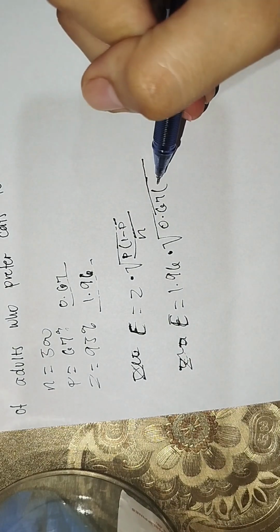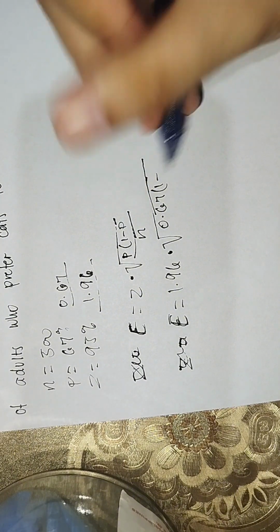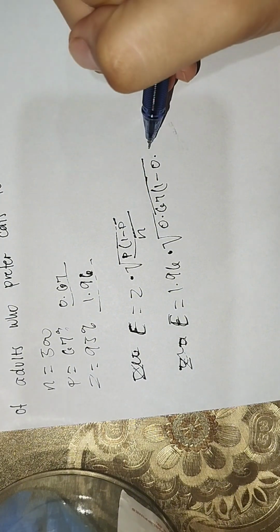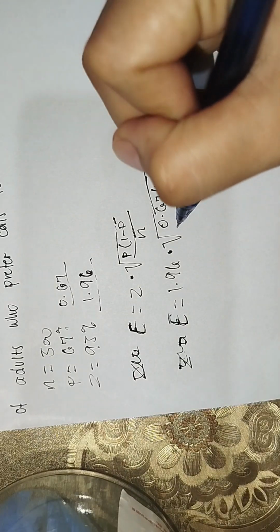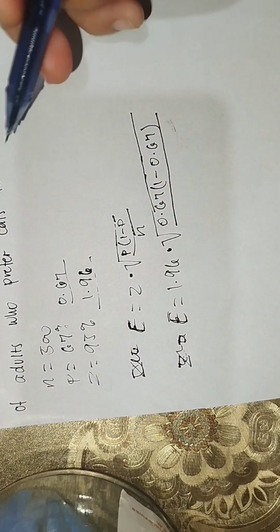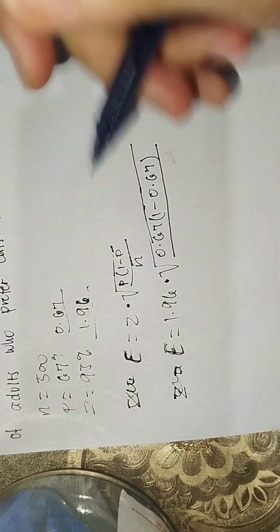Then times 1 minus 0.67 over ato ang N. Sample size na to kay 500.